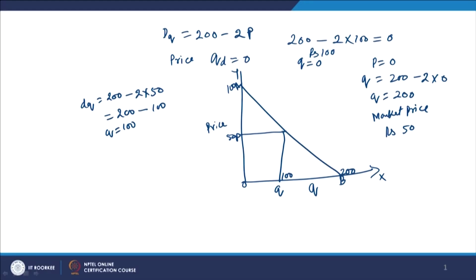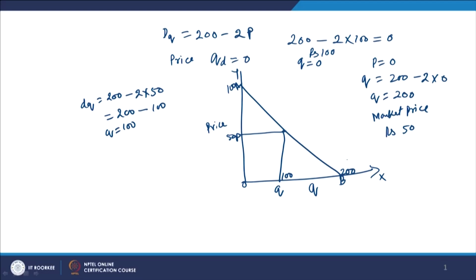Okay. Now, to understand consumer surplus, you can see how much the consumer is willing to pay, because this curve is also known as marginal willingness to pay.